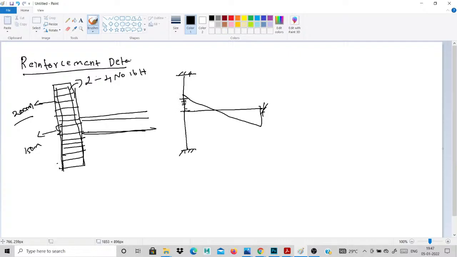So I reduce the column tie spacing at this beam column joint, because some of the shear will act on this column also. So I provided these sizes for your columns. Now it is clear why the tie spacing is less at the beam column joint. The shear will be reduced.